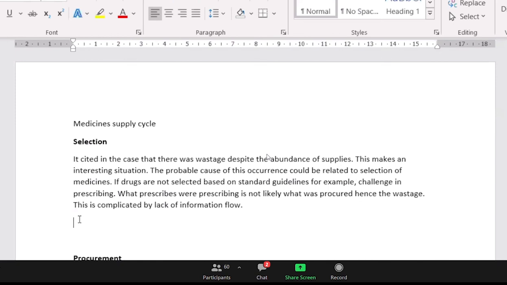You can suggest that perhaps there is need to relook at the rational drug use pattern. You can put it in form of a question: are prescribers prescribing in line with the STGs, for example? Is there enough information? Hence, there should be enough information flow in this circumstance. The rational drug use policy has to be active, things like that.